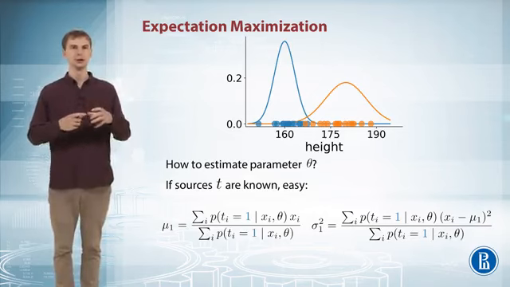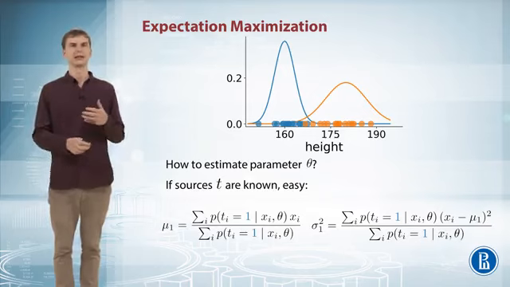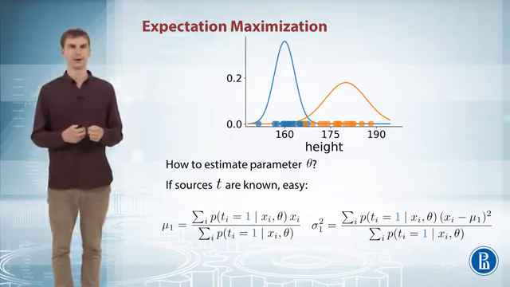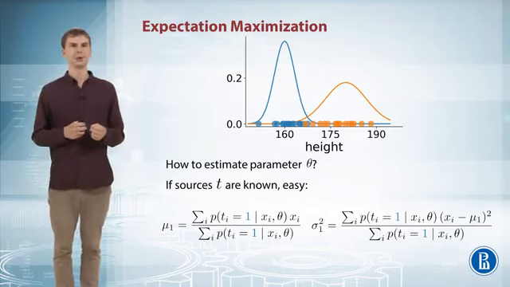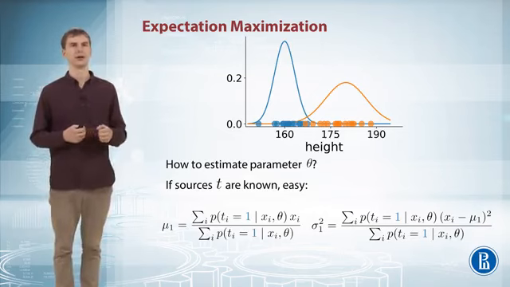It certainly belongs to the blue Gaussian, and it will be used as just a blue data point in the averaging with weight 1. If for some data point P of T equals 1 is 0, it means that this data point is certainly orange, and we just don't use it in computing the blue Gaussian mean at all.